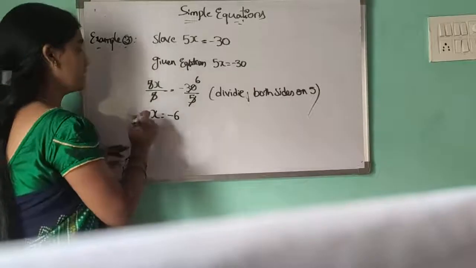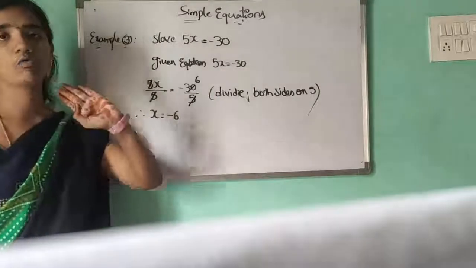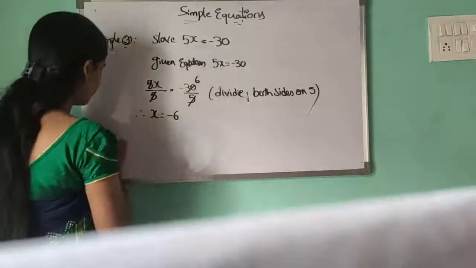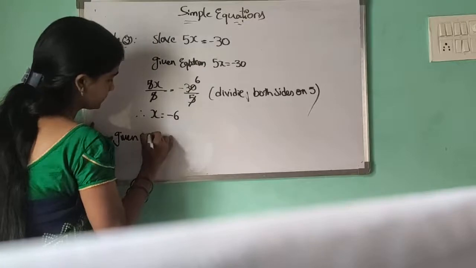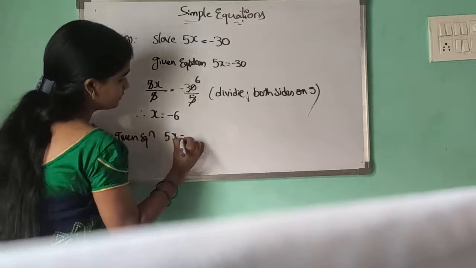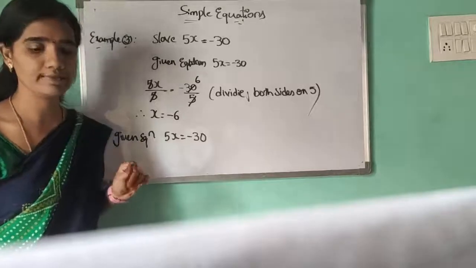Is the x value correct or not? How will we check? We take the given equation, 5x equals minus 30.